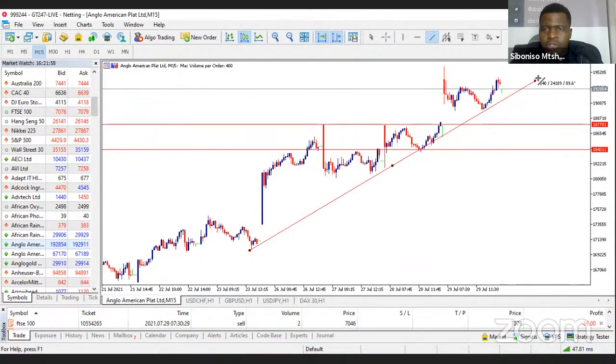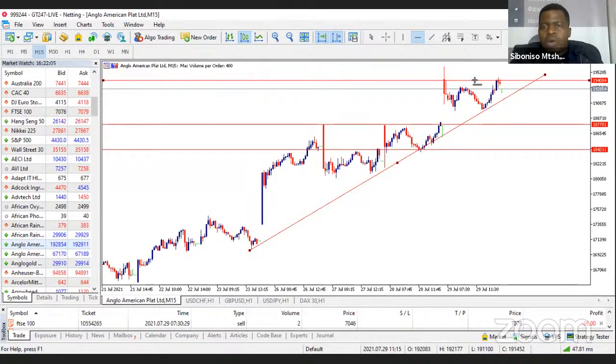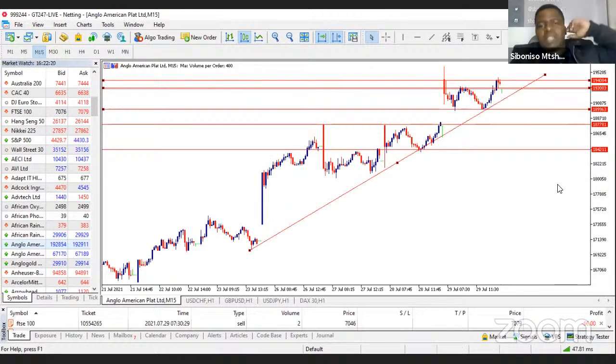It keeps pushing up like this, and at this level we have what we call the resistance level, as well as the support level right here. Okay, this is the support level. I hope that is clear, and I hope you've done it as well, because it is indeed another opportunity appearing there.